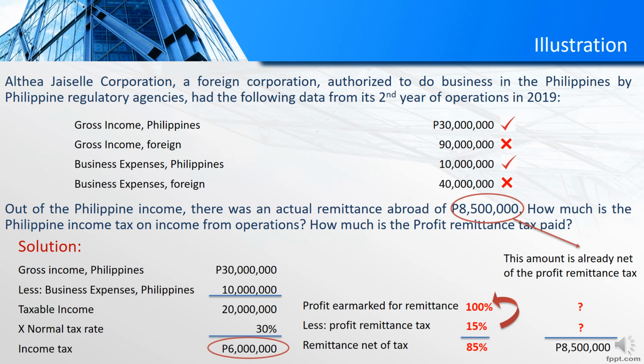So to get the profit earmarked for remittance first, we will divide 8,500,000 by 85%. So 8,500,000 divided by 85% is equal to 10 million. And this is the profit earmarked for remittance. Then we multiply it by 15% to get the profit remittance tax of 1,500,000. The second question is asking for the profit remittance tax paid. So our answer will be 1,500,000.